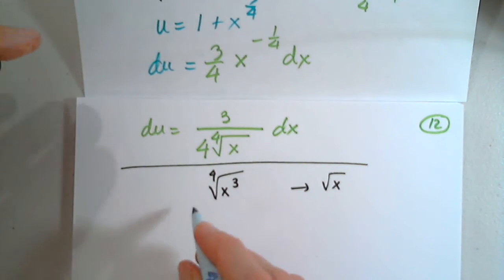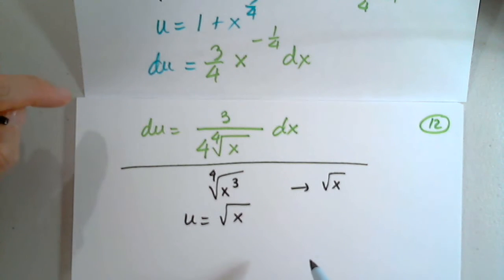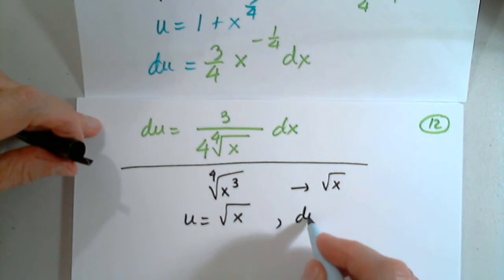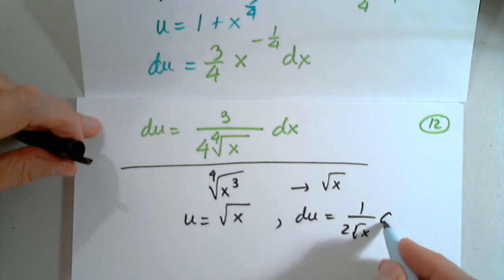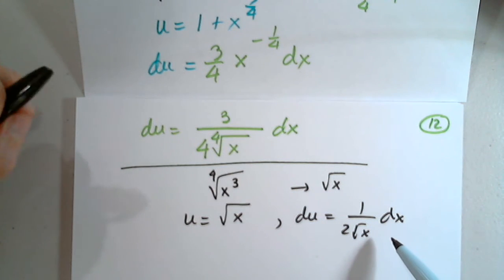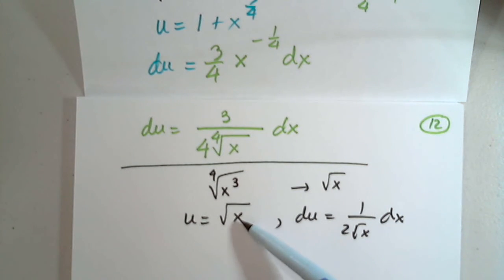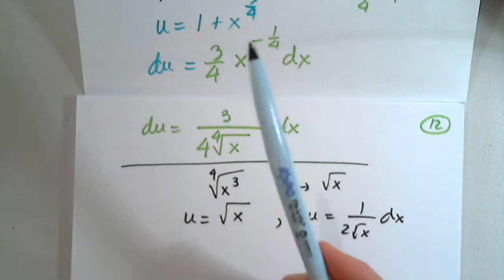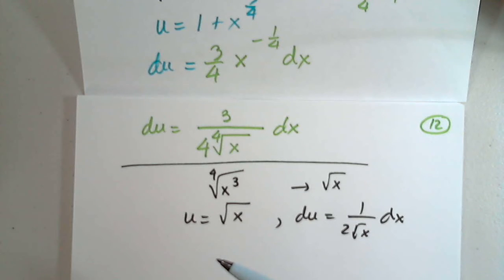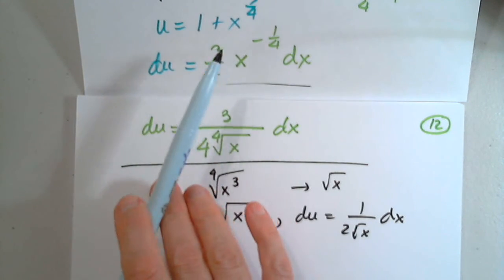So if I denote the square root of x by u, what will happen? Du will be 1/2 the square root of x dx. And what have I accomplished with that? I would rationalize. So the top will be u, 1 plus x to 3/4. This is not giving us what we want.